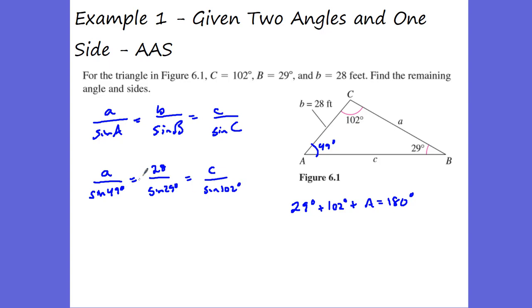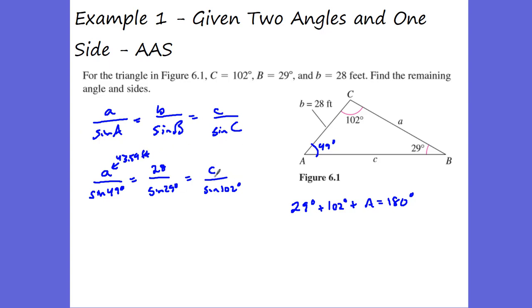So how am I going to do this? I can do cross multiplying, using proportions. I take 28 sine of 49, divide by sine of 29, and I end up getting 43.59 feet for a.